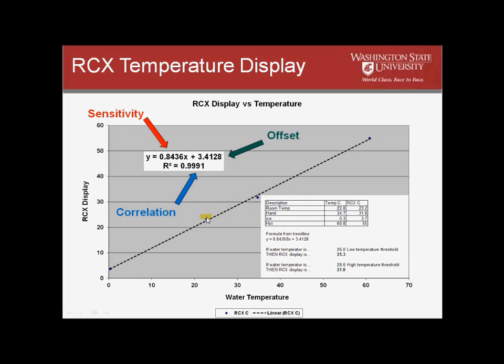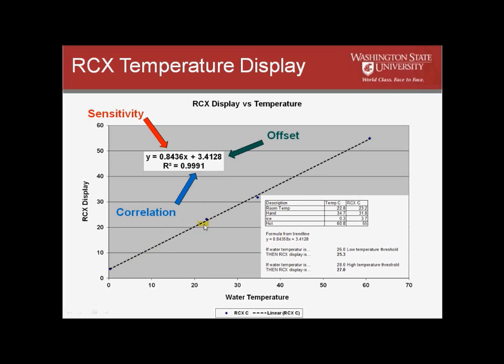Ideal sensors, of course, again, have a 1-to-1 ratio. This one, the sensitivity, happens to be less than 1, and so this 0.8436 indicates that a single degree change would result in a 0.84 degree change in this. The offset in this formula, y equals mx plus b, is the y-intercept, also clearly shown on the graph here.